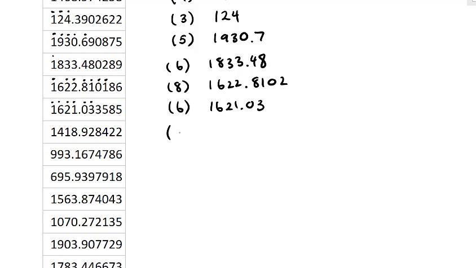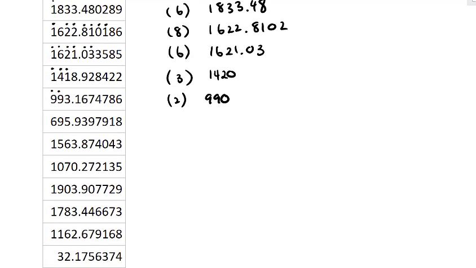Okay, let's go to 3 significant figures, so 1, 2, 3, you round based on this one, so you have 8 ones, which is close to another 10, so that's going to round up to 1420. Let's do this one to 2 significant figures, so 1, 2, that's going to round down, so 990.